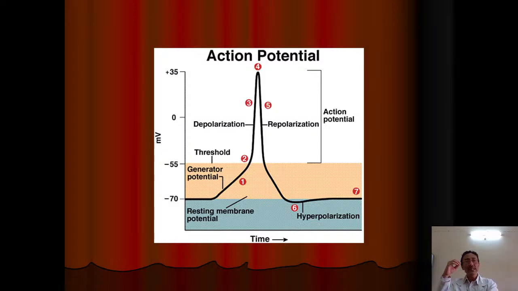Once it reaches minus 55 millivolts, suddenly there is a burst of opening of sodium channels. Hundreds and thousands of sodium channels open up. Because of this, sodium ions move from outside to inside, and within 1 or 2 milliseconds the membrane potential changes from minus 55 to 0, and then to plus 35 millivolts.